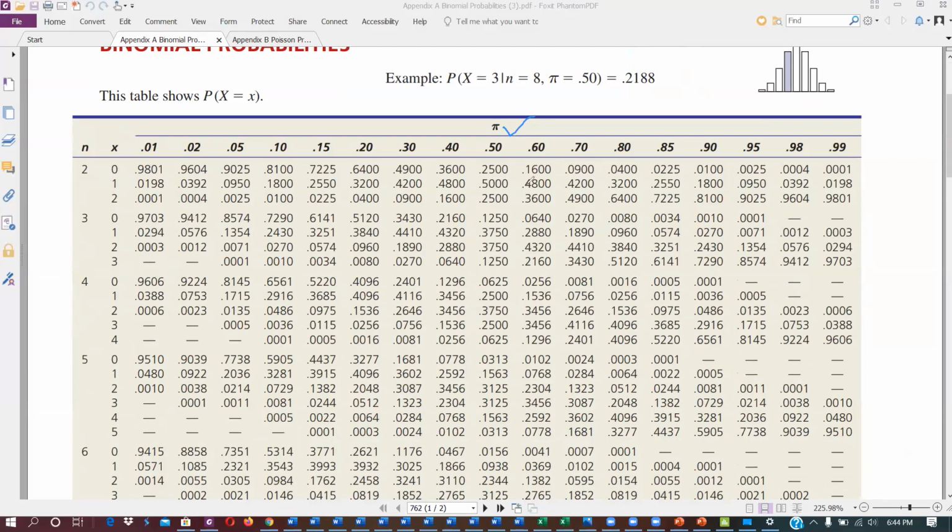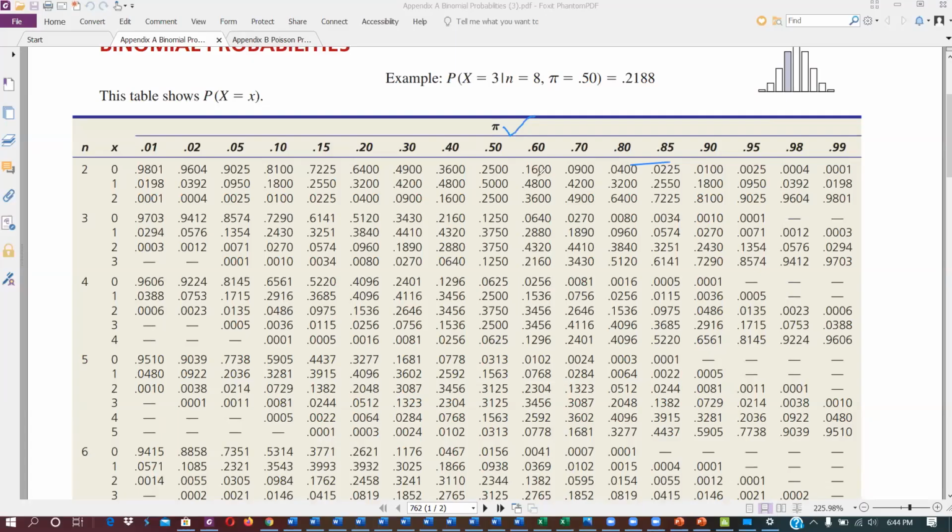Here, this is 1%, 2%, 10%, all the way across. Here you can see these are the pi values in percentage. Here is the n value, n equal to 2, 3, 4, 5, 6, 7, 8, and keep going down. You can get n up to 20 here.